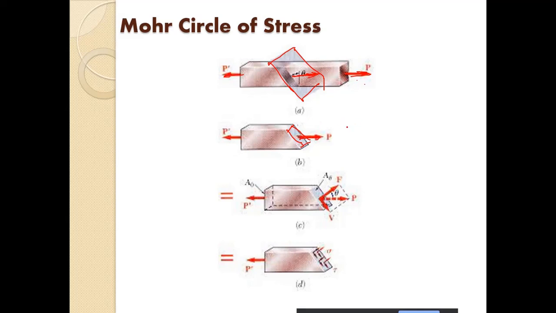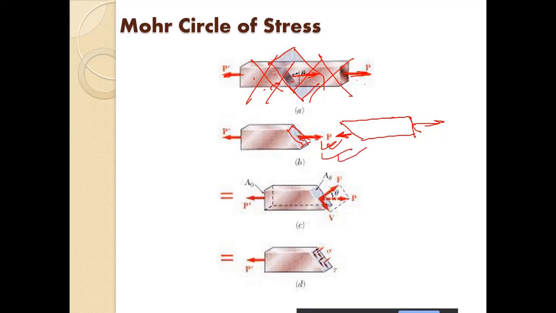Similarly, on the opposite part, on the other side of the plane, there will be the opposite reaction of this force P. So at each and every plane of this element, we have a force P, which is acted on by one part of the element onto the other part. All right, this we discussed yesterday in detail.